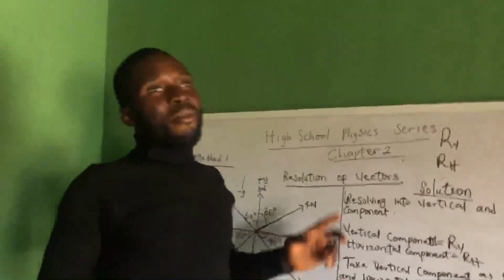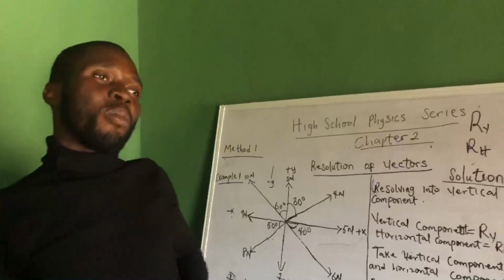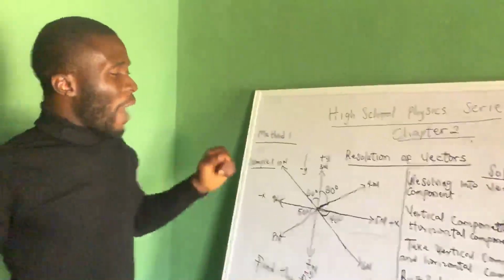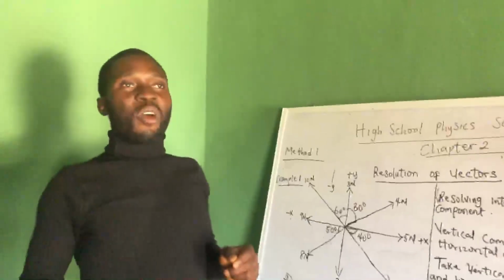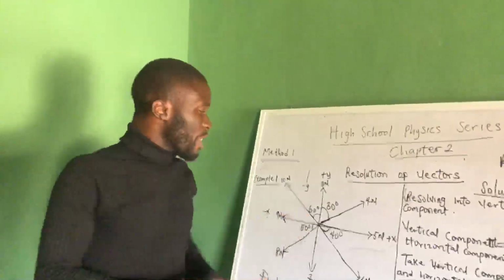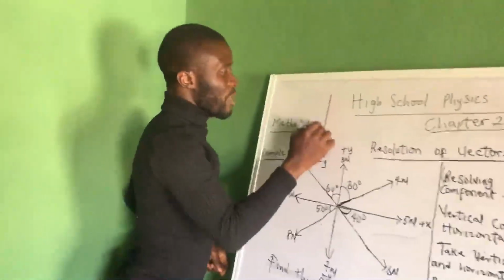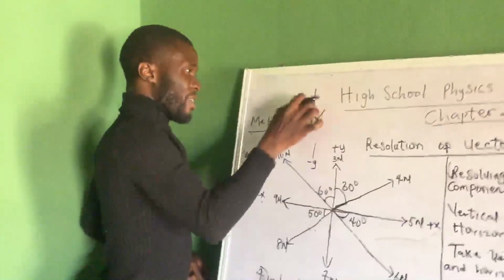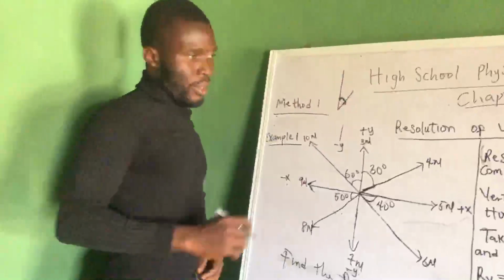After you have seen vertical component as sine theta and horizontal component as cos theta, the next thing you need to do is that your angle for the vertical component must be inclined to the vertical axis, the y-axis.